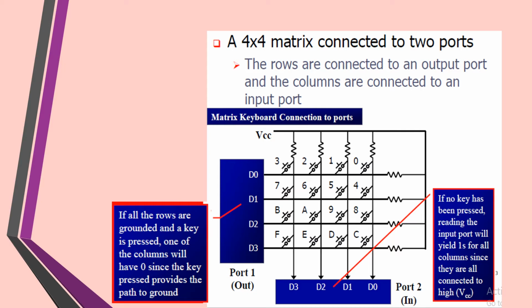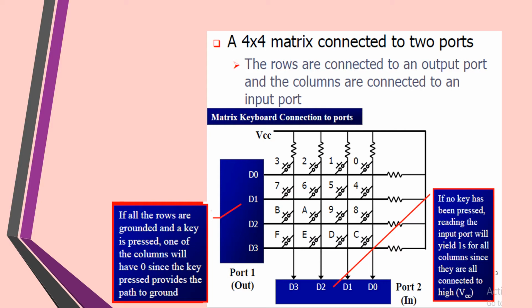Port 1 is output, and port 2 is input, for example. And switches are there. When you press, there is a kind of make and break mechanism. When you press the switch, that is, the respective key is pressed, then the corresponding column and row intersection and contact will take place.